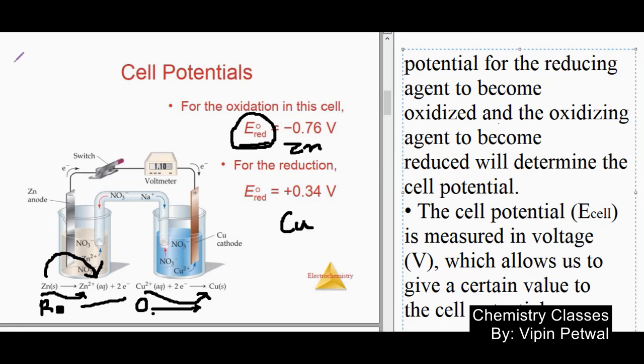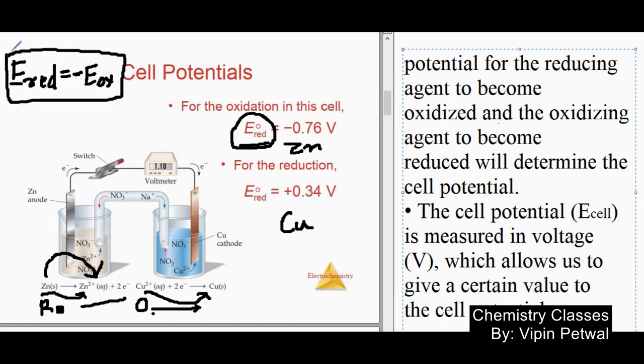Because you must know E reduction equals minus E oxidation, meaning reduction potential is equal to minus oxidation potential. Simply you have to put a minus.